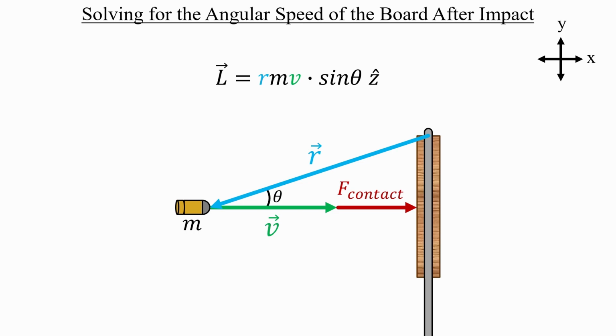Notice that there's a length of r sine theta over here. And that length extends from the bullseye all the way up to the top of the board. That's the same thing as L divided by 2. So let's make that replacement in our equation.